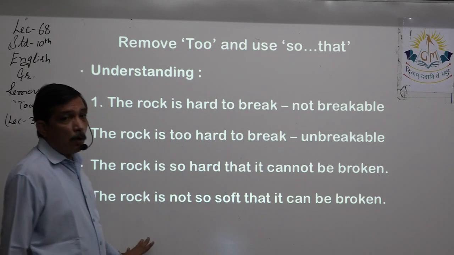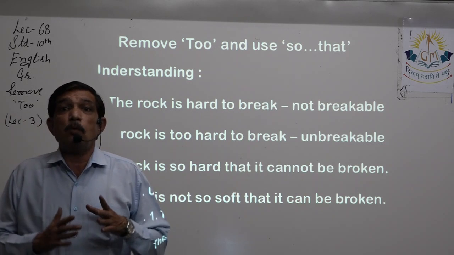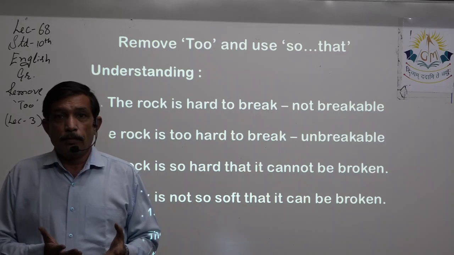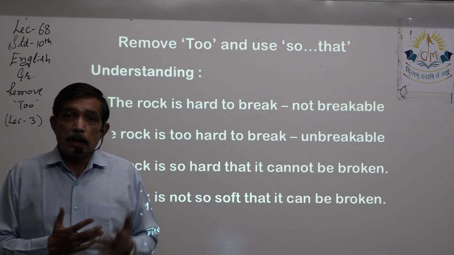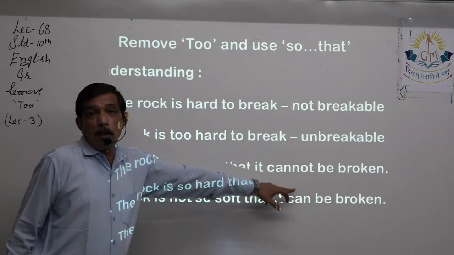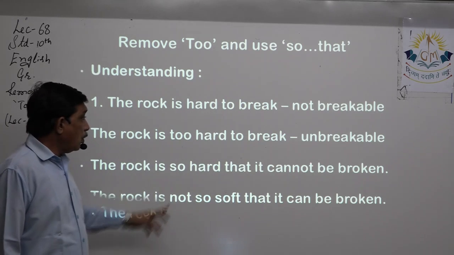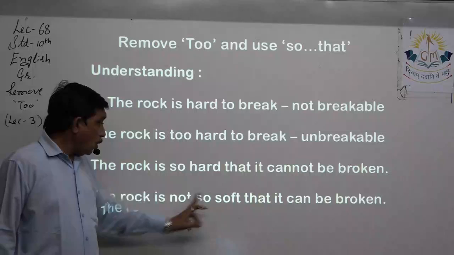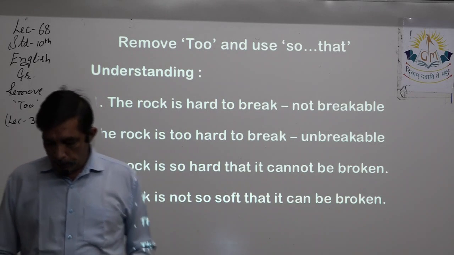So meaning of all these 4 sentences are the same. Problem is, which sentence are you reading? And you need to convert that to which type of sentence. If to is given, then that and not. That means these 2 are same. Now hard's antonym is soft. Not so soft means it is hard. That means it can be broken.